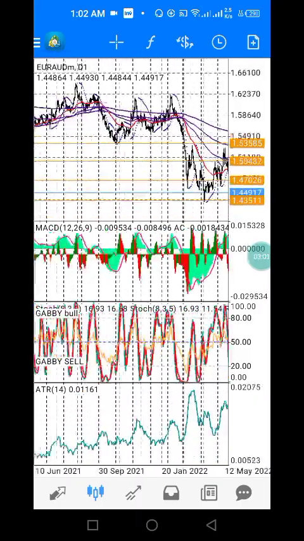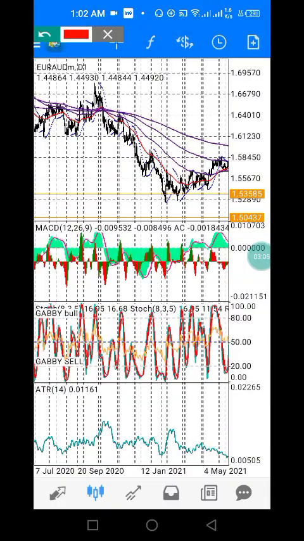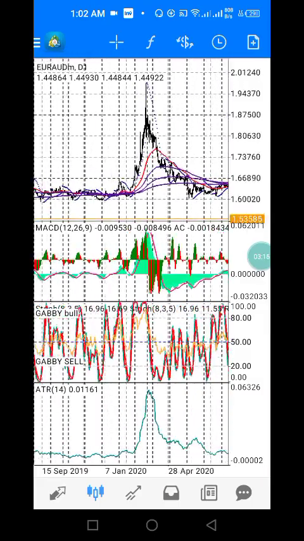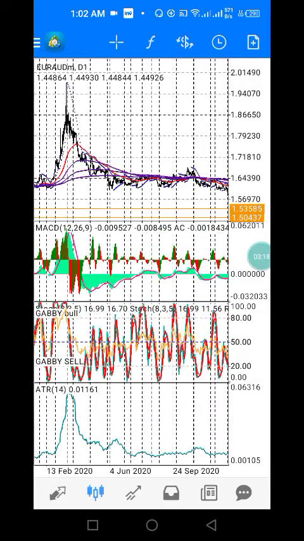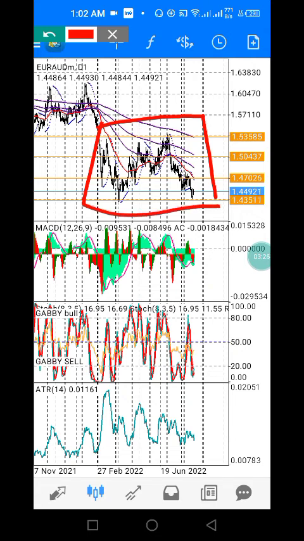If you look far back, you can see the market also retested here, and this here is a main psychological level. Within this zone, when price reaches here, we can see a market reaction.